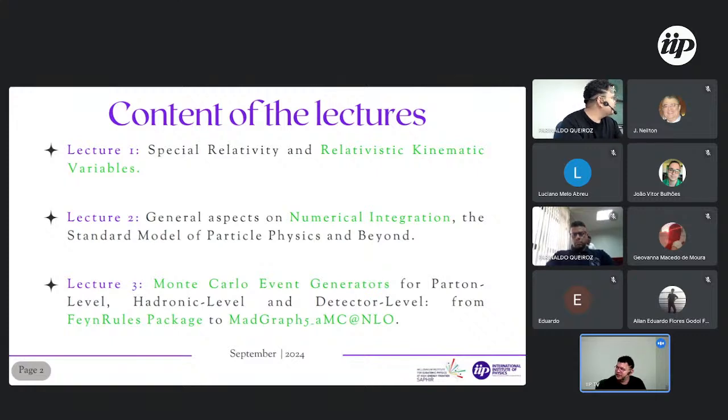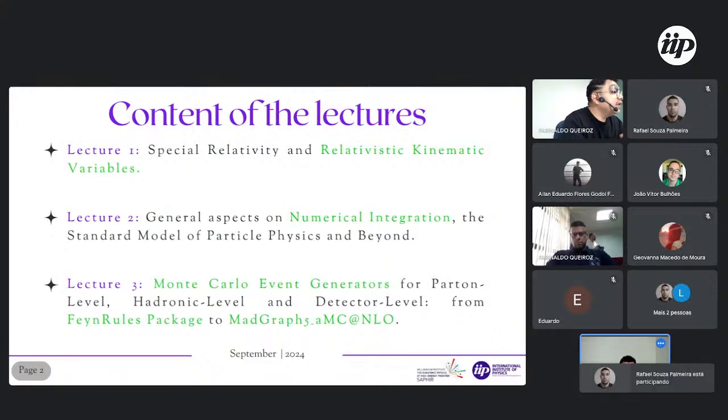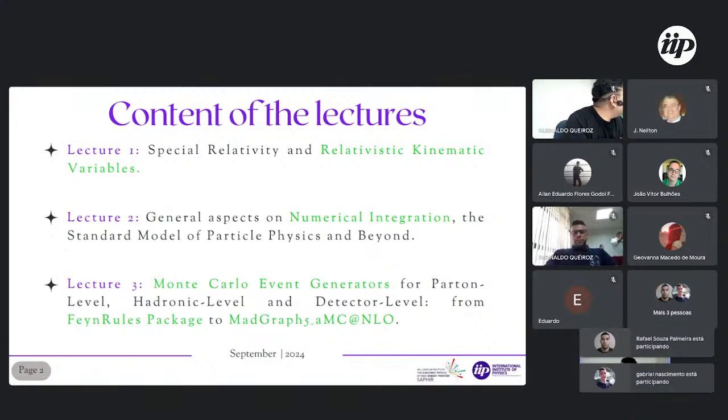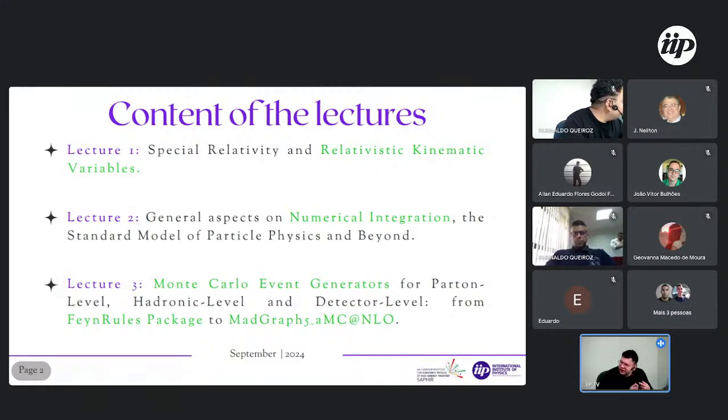So it's necessary to understand the previous lecture because we need to interpret the Lagrangians in order to implement them in a package like FeynRules. In FeynRules, we are going to implement those Lagrangians, and we are going to generate Python files that MadGraph uses to do the calculation. So this is the content of the lecture number 3.